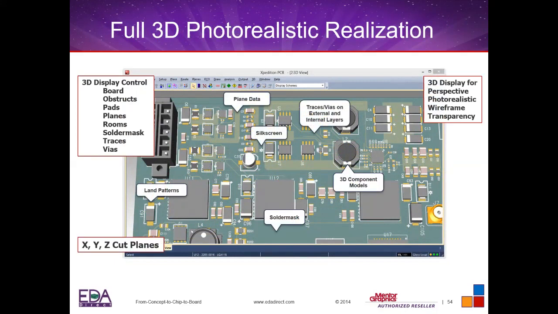We can cut the design into different planes should we need to do that, and we also have Z-axis scaling to make the board thicker, so we can actually dive inside and see how traces were routed. You've got all the different views, whether it's top, bottom, left, right, and I'll show you that when we get into some of the 3D stuff with the flex.